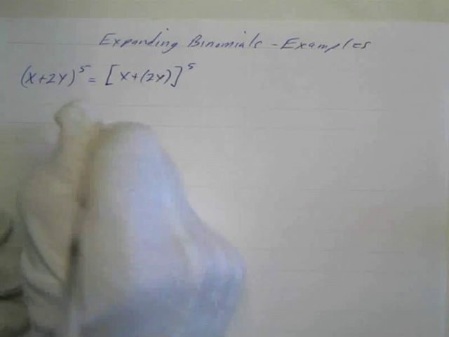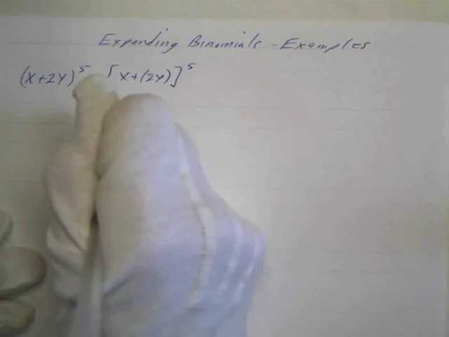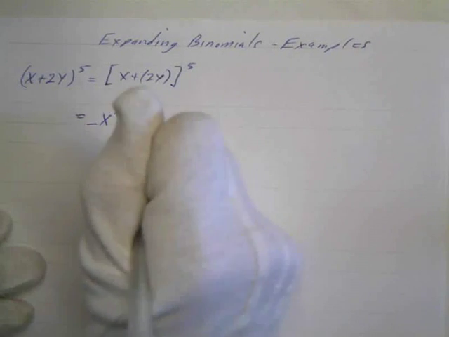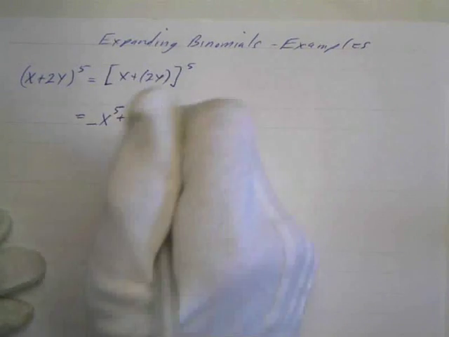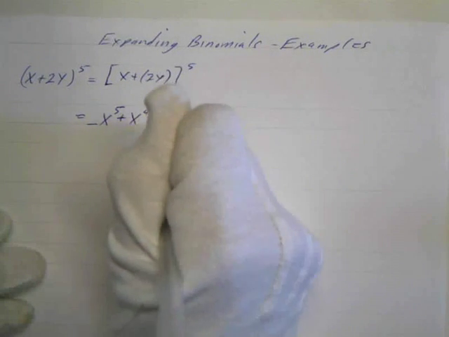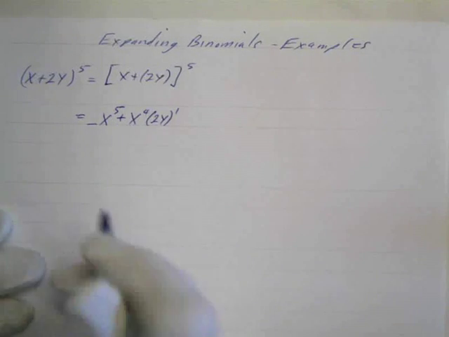So first of all, we got something times x to the fifth. And then we've got plus something, x to the fourth, and then 2y to the first. Remember, these add up to be 5.